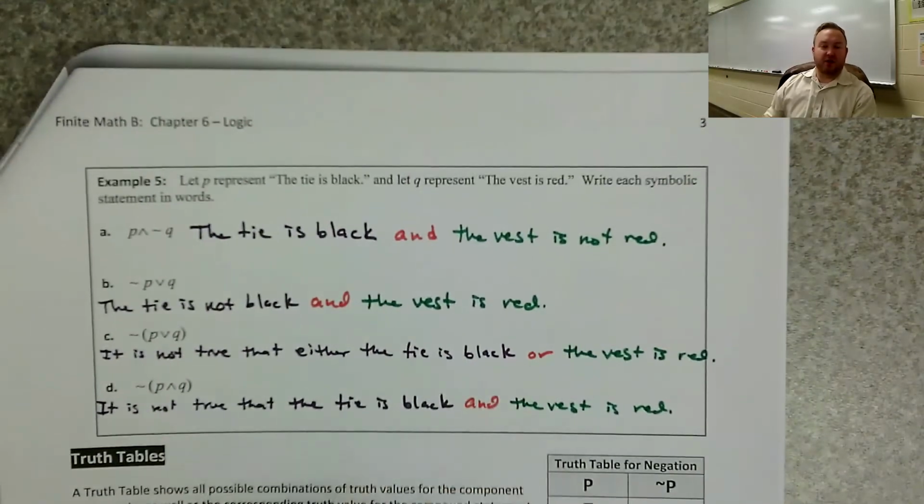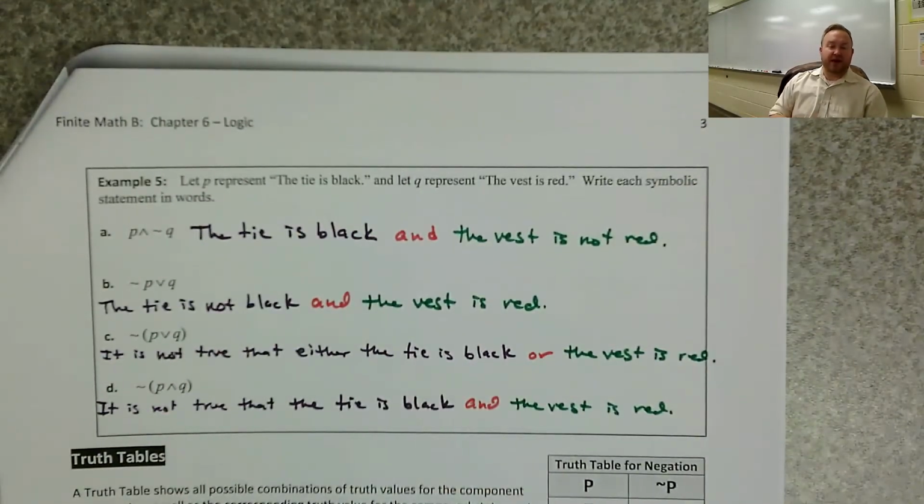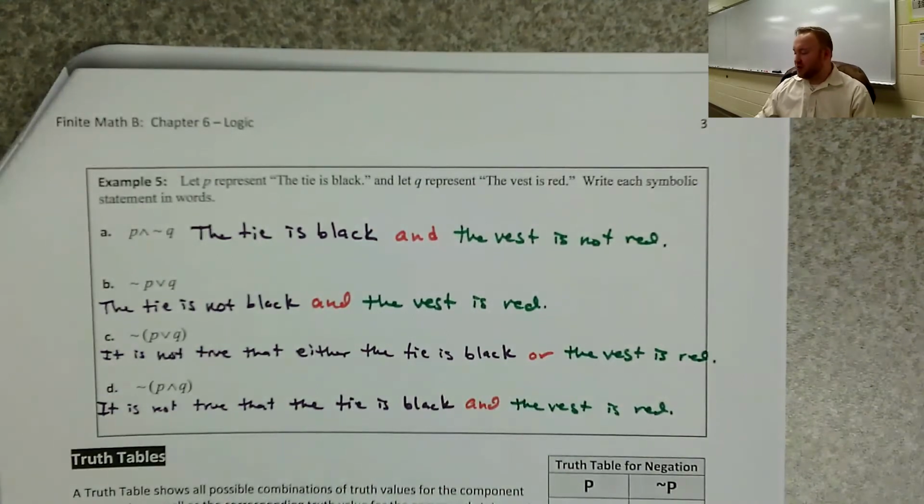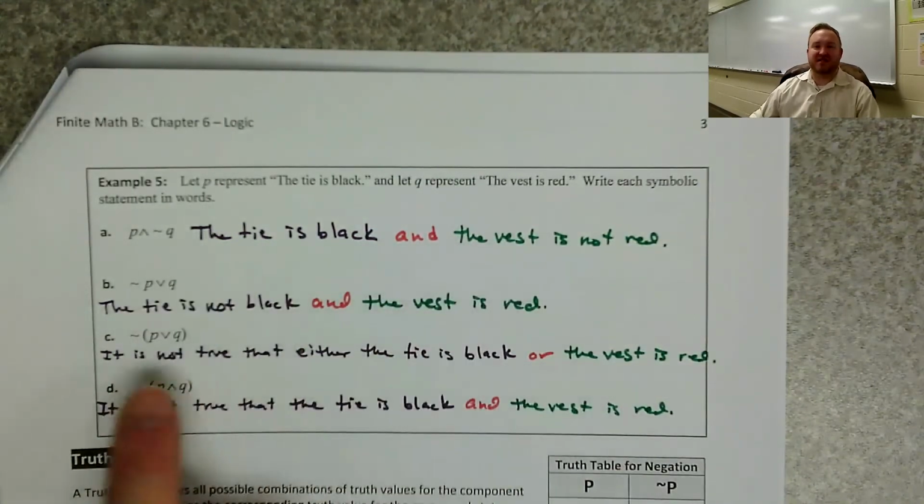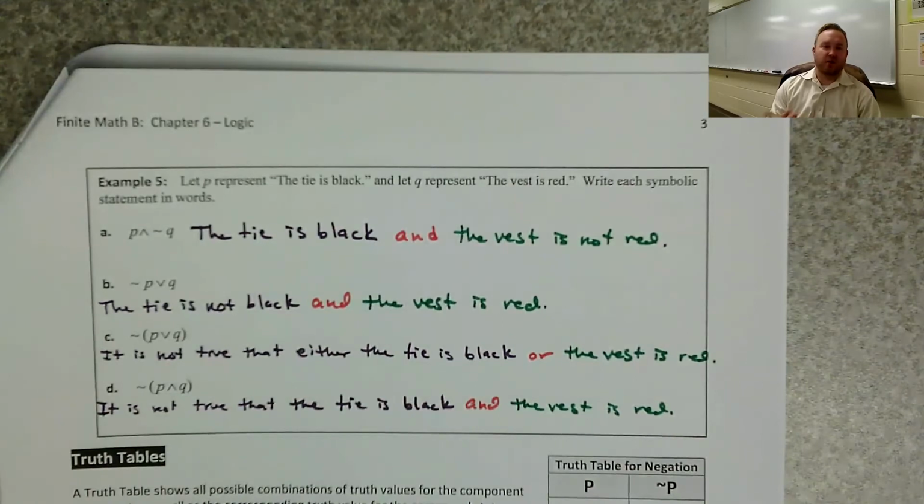Okay, so I've got some of these that I already wrote out in words, and we are representing individual simple statements with a single letter like P or Q, because we don't always want to have to write out all this stuff every single time. What a pain, right?